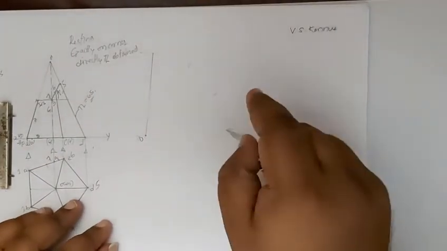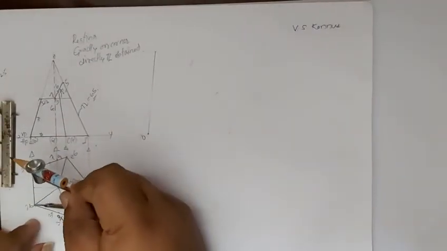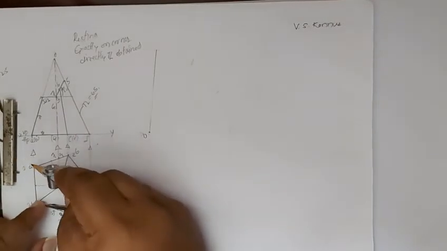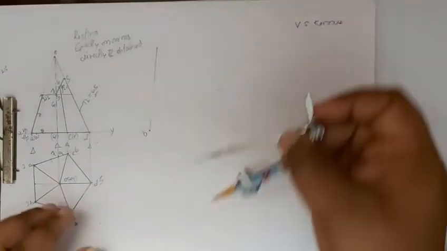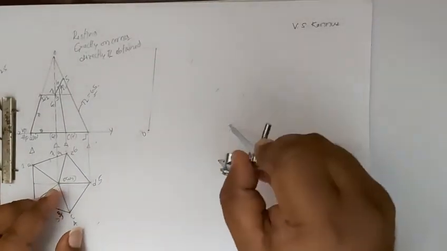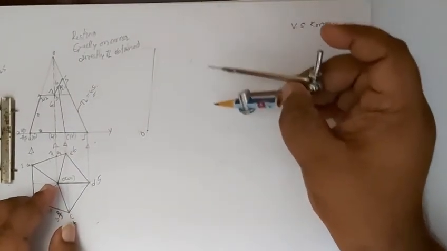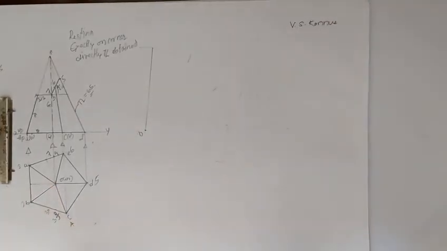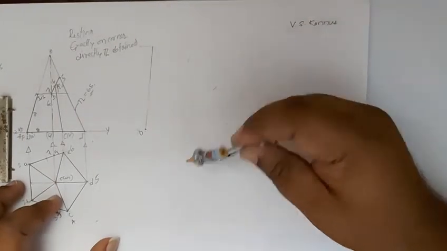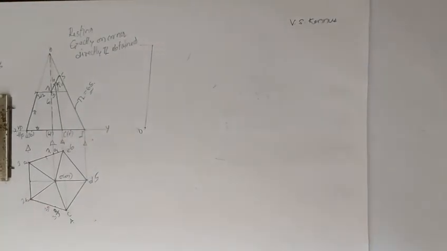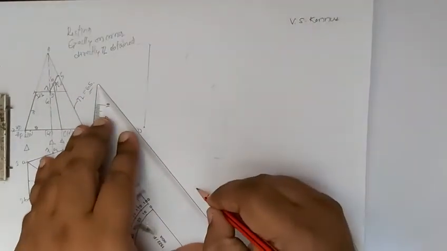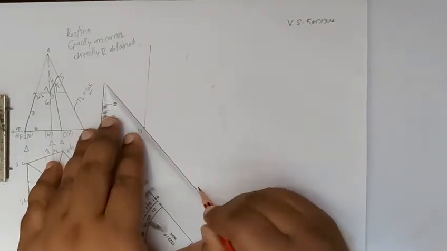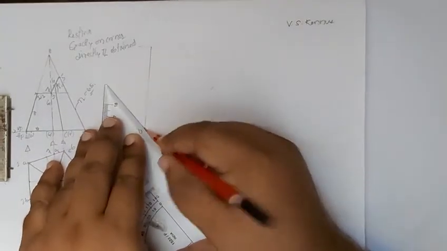Make it 5 parts. One, two, three, four. One more part, 5. Then the last part will be joined with this O with thin lines.